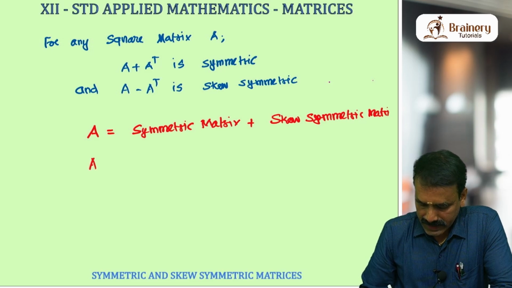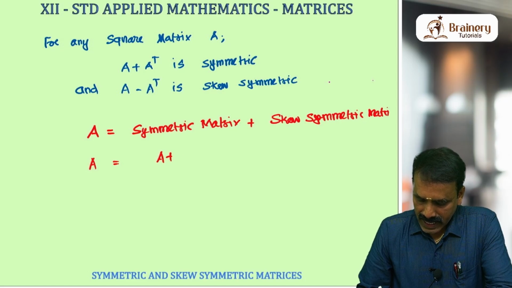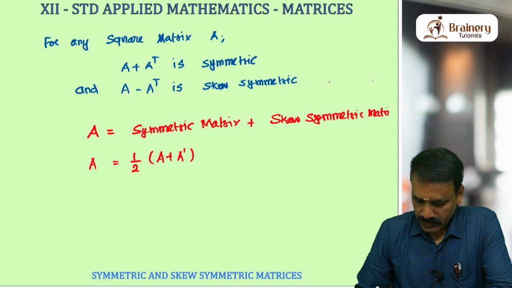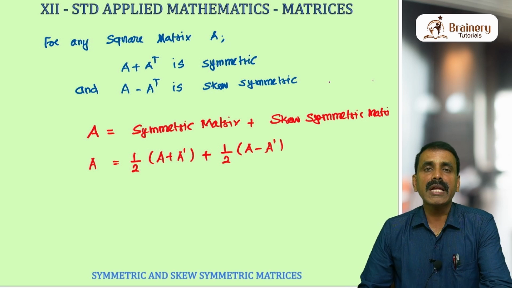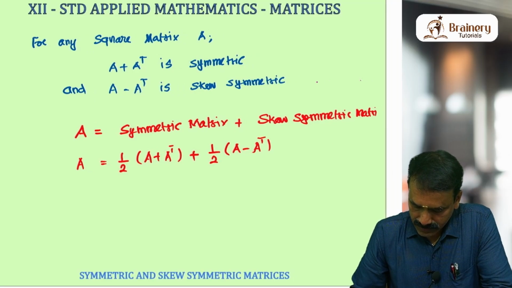So A can be written as, we know that A plus A dash is symmetric, I will add 1 by 2 times A plus A dash, plus 1 by 2 times A minus A dash. A dash is nothing but the transpose of a matrix.